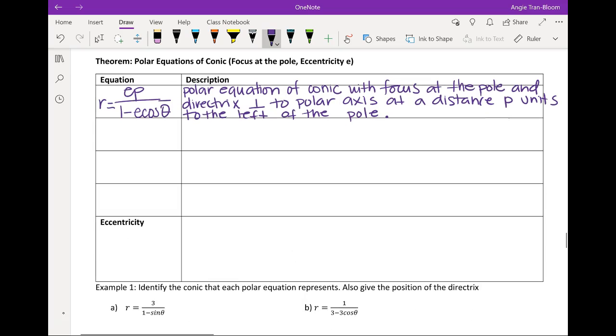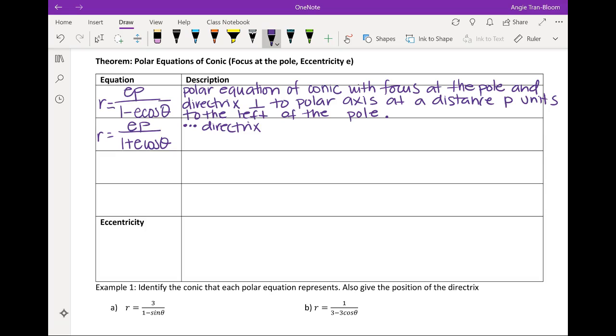Okay. So we have E times P all over 1 minus E times cosine of theta. Then we can do the same thing, except now we do 1 plus in the bottom. Again, it is the polar equation of a conic with the focus at the pole and so on, and the directrix. We'll skip all of those first lines.